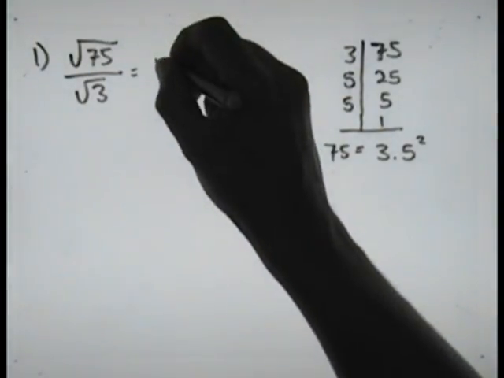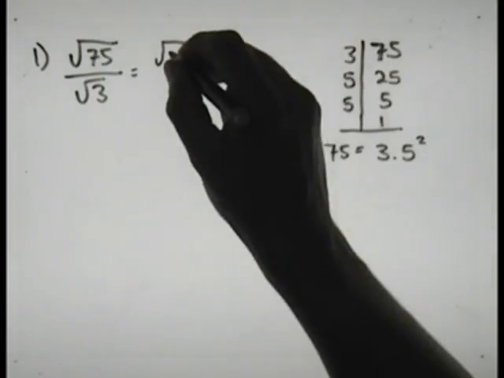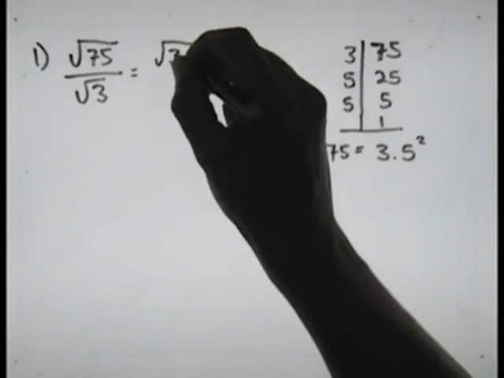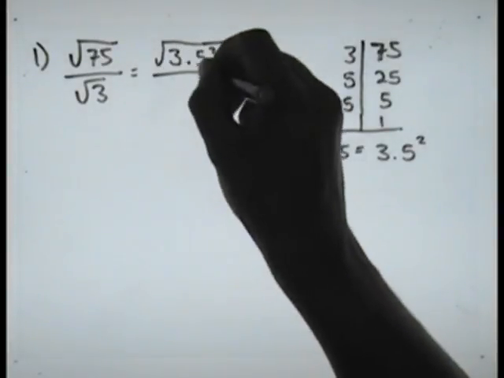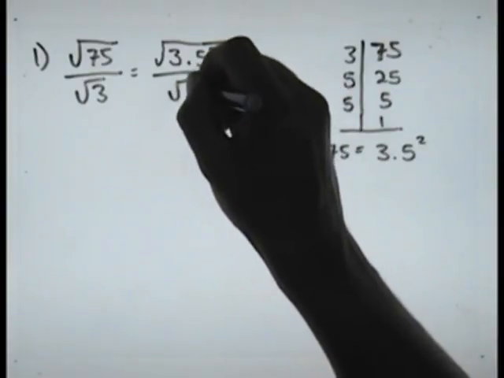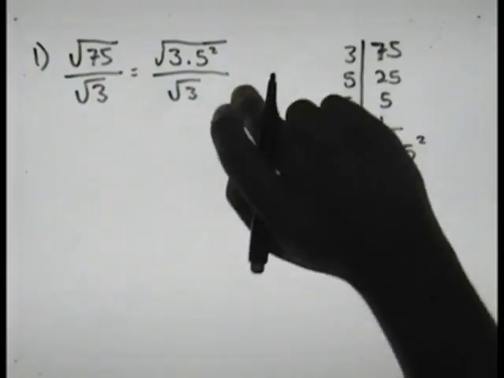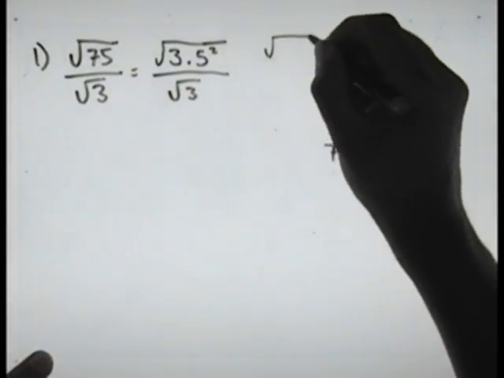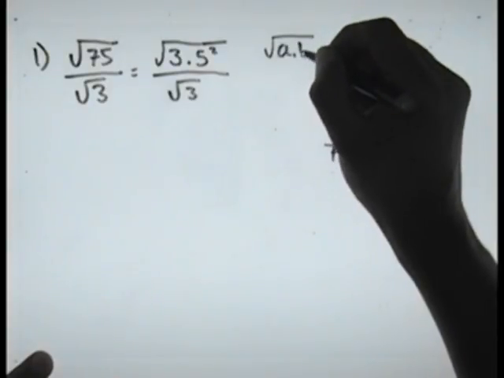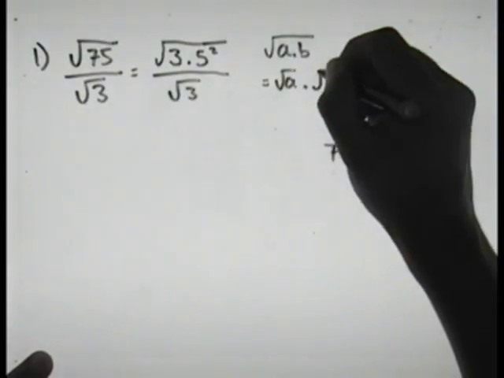So this gives us square root of 75, which is the same as square root of 3 times 5 squared, divided by square root 3. Now, when we've got square root of a times b, we can make that square root of a times square root of b.